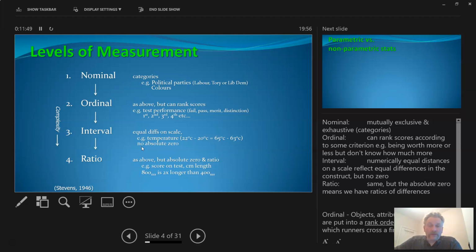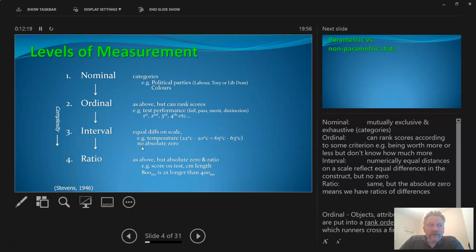So if you think, for instance, of a temperature scale, 0 degrees doesn't mean that there's an absence of temperature. It's still an actual measure. There is some temperature out there, but it doesn't reflect an absolute absence of that temperature. And so that's a drawback, because 0 doesn't mean 0.